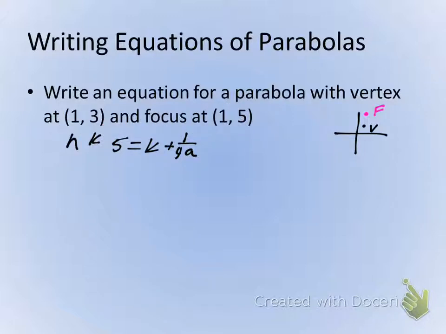The 1 and 1? Since the relationship between a vertex and a focus is this line, the ones are going to be the same. But the 5 solves for this y coordinate. Now, if that was flipped, it'd be the same thing, it's just the variables would change. Make sense? You know k is 3?